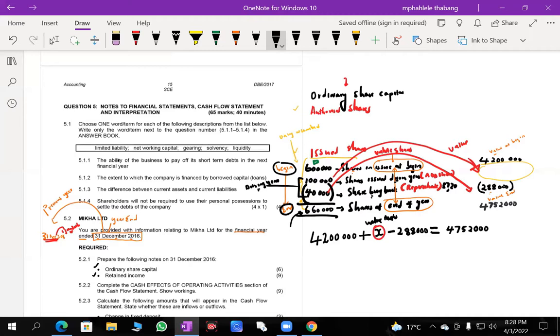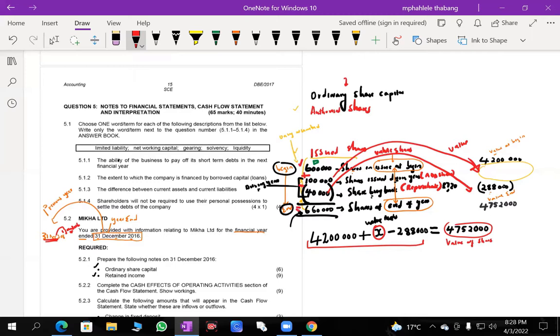I believe it is making sense. How much is the value of shares at the end? Just as I calculated the number of shares at the end, 600,000 plus 100,000 minus 40,000, I'm doing the same thing with the value of shares.